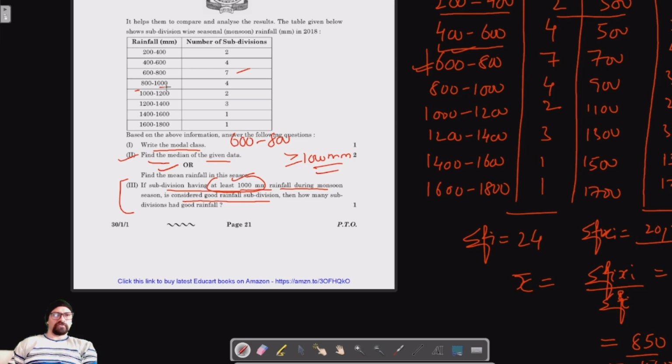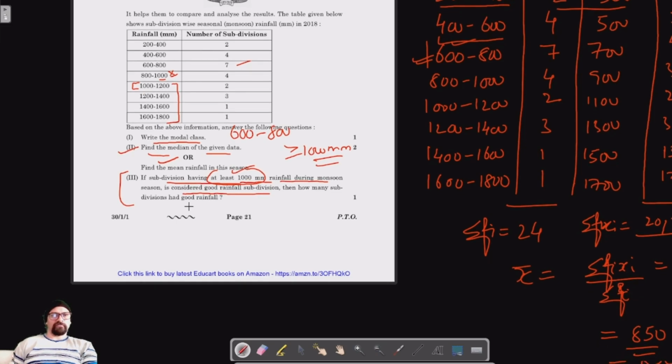So 1,000 is not included in the previous class because the upper limit is not included, but it is included in this class, which is the lower limit. So these all have rainfall equal to 1,000 or greater.